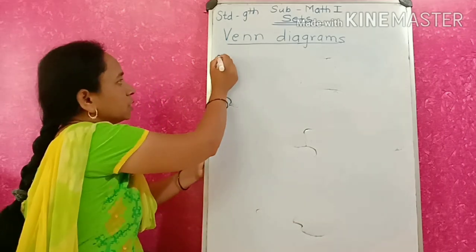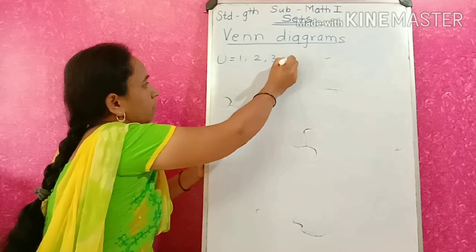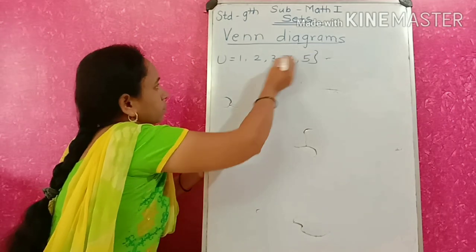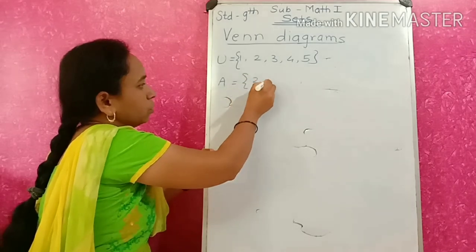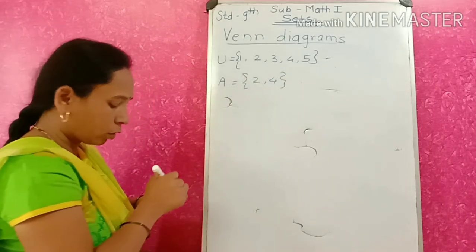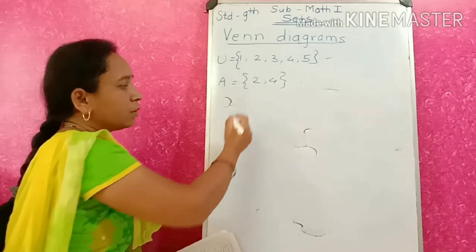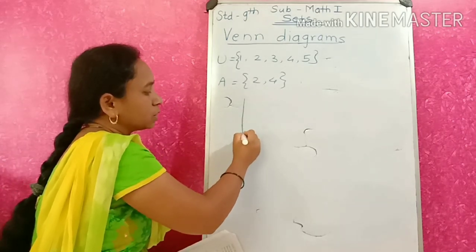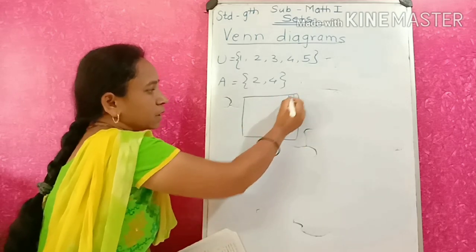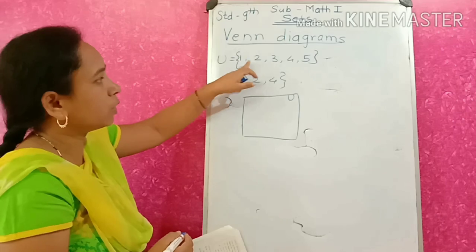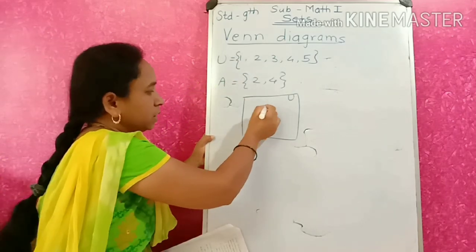Here I'll consider the universal set 1, 2, 3, 4, 5 and set A as 2, 4. I want to represent this using a Venn diagram, any closed figure. Here I'll use a square. This is my universal set. In this universal set the numbers 1, 2, 3, 4, 5 are there. In this, set A is given.